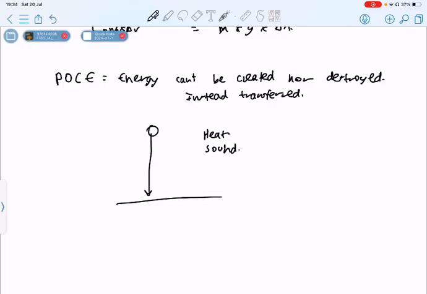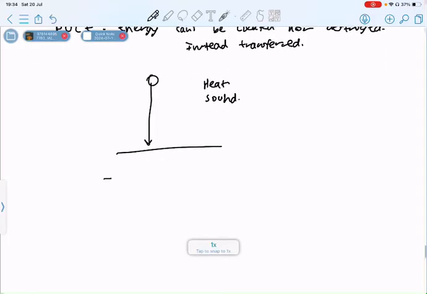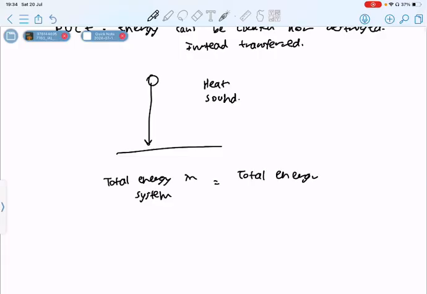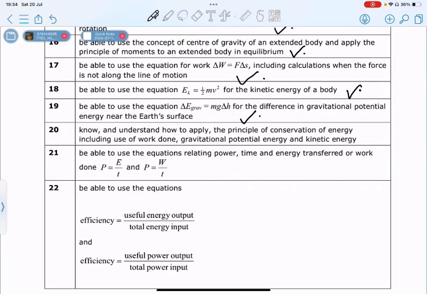So the principle of conservation of energy can be represented in a formula. Total energy in the system is equal to the total energy out of the system. Okay, we can just take that.